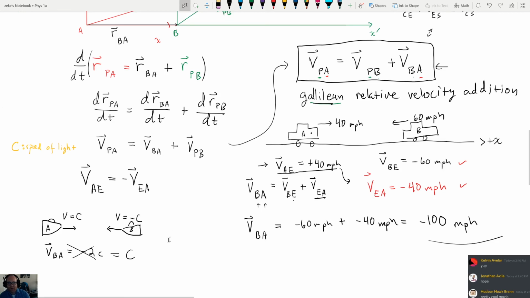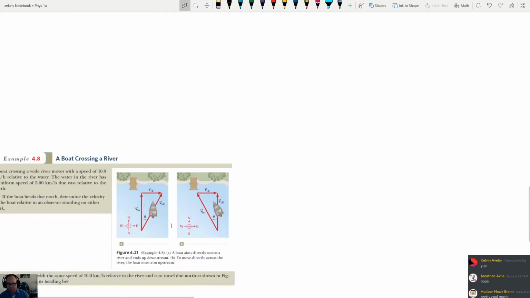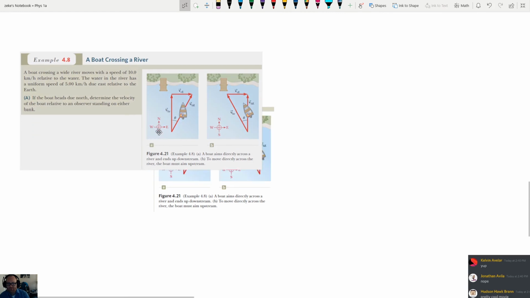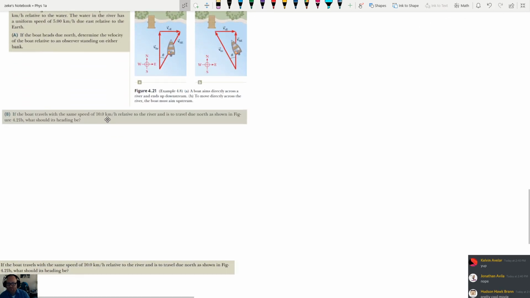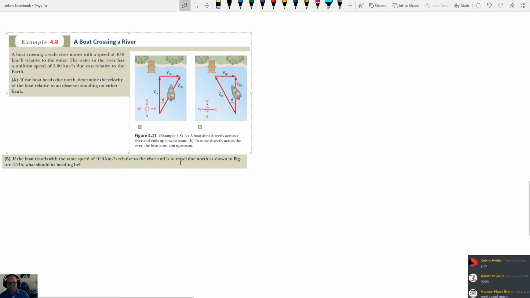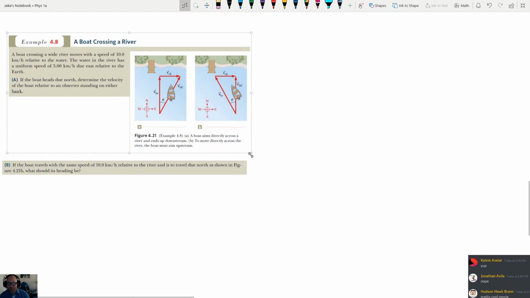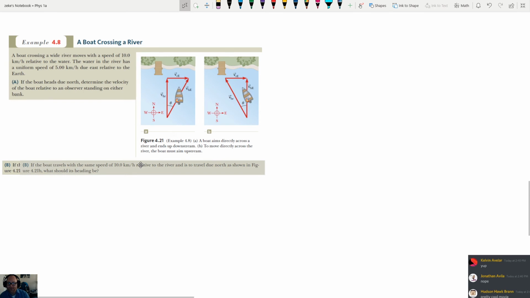All right, so let's look at an example problem of a boat crossing the river. Two parts on this one. A boat crossing a wide river moves with a speed of 10 kilometers per hour relative to the water.